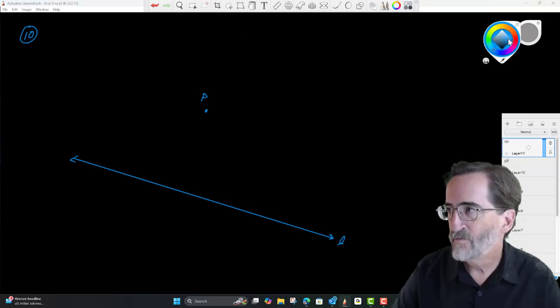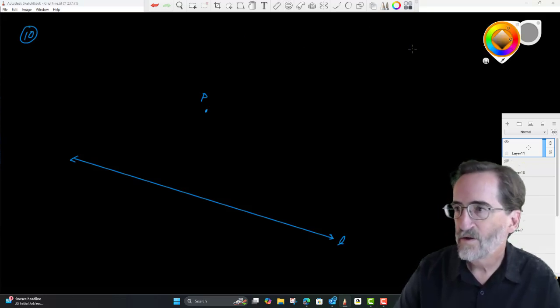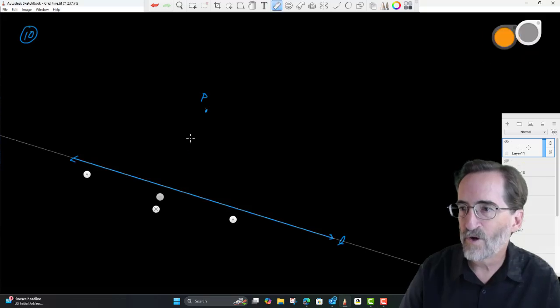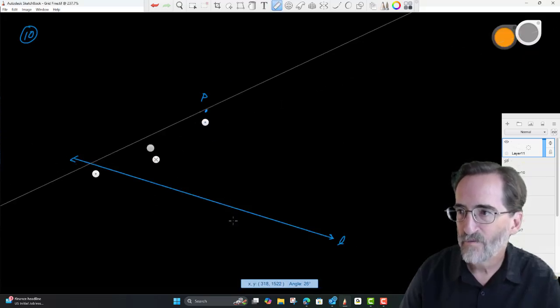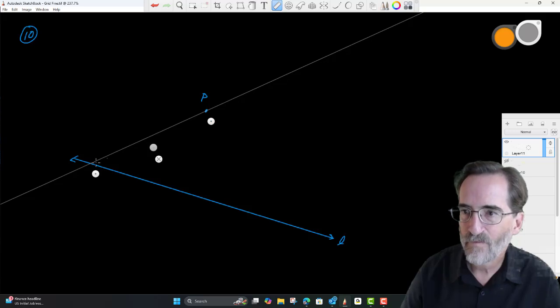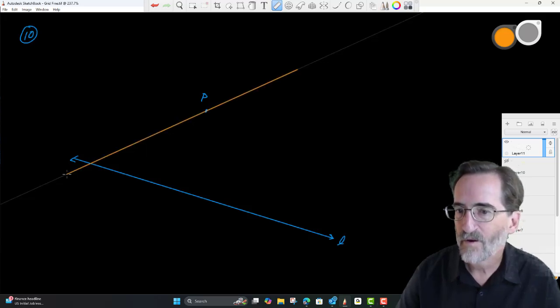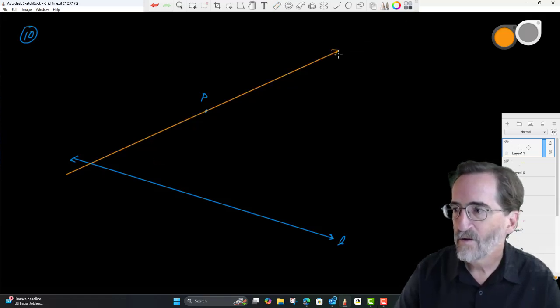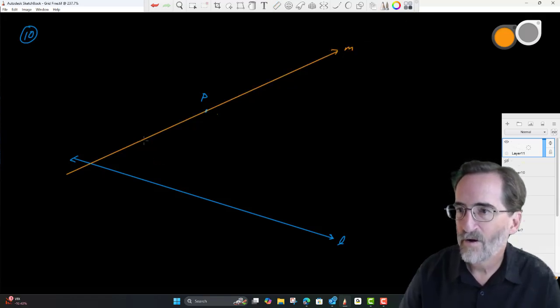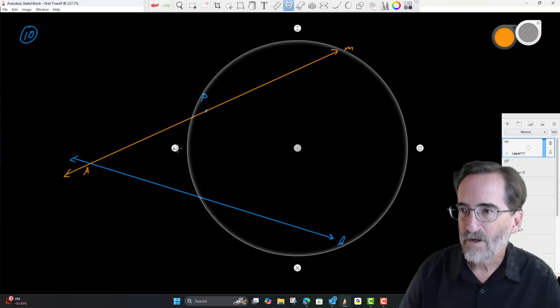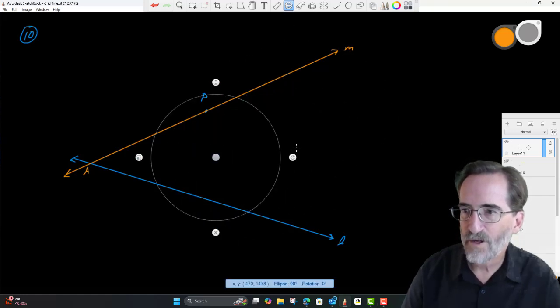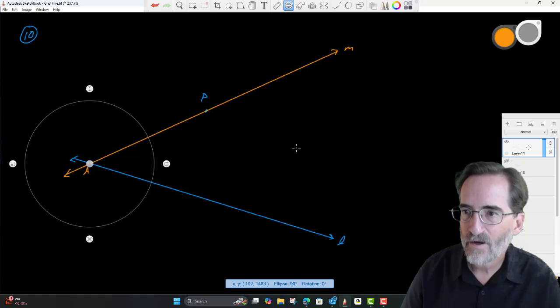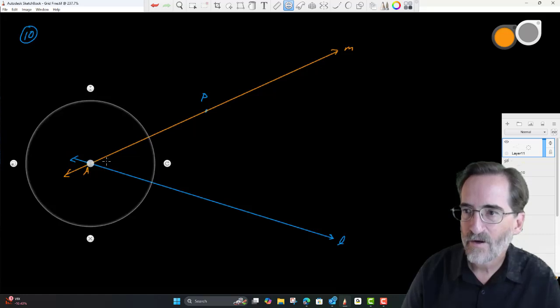It then draws a line through the point and the line, and we'll call the point P. I'm going to label the intersection point A. I'm going to take my compass, put it on A, draw an arc.